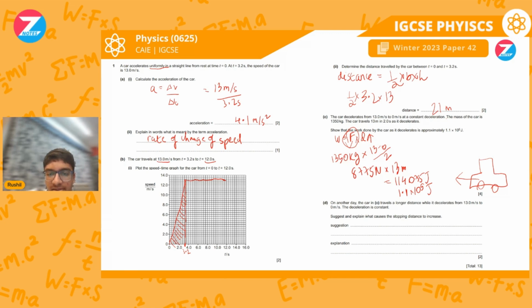So the suggestion is that we can write air resistance is lesser, so air resistance decreases. That means the explanation is that there's a smaller net force.